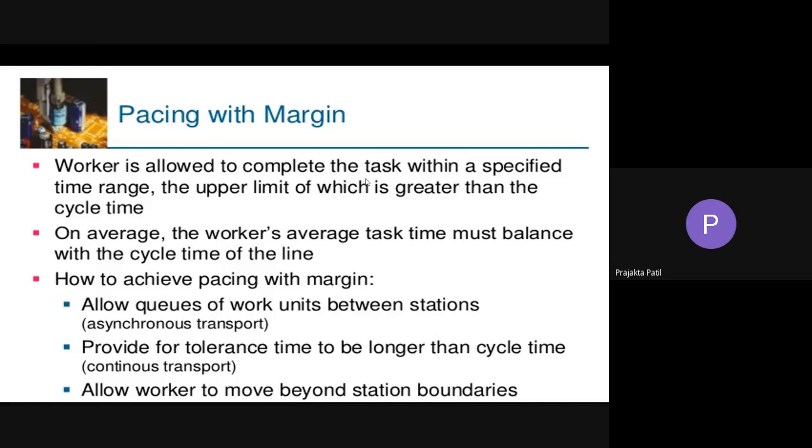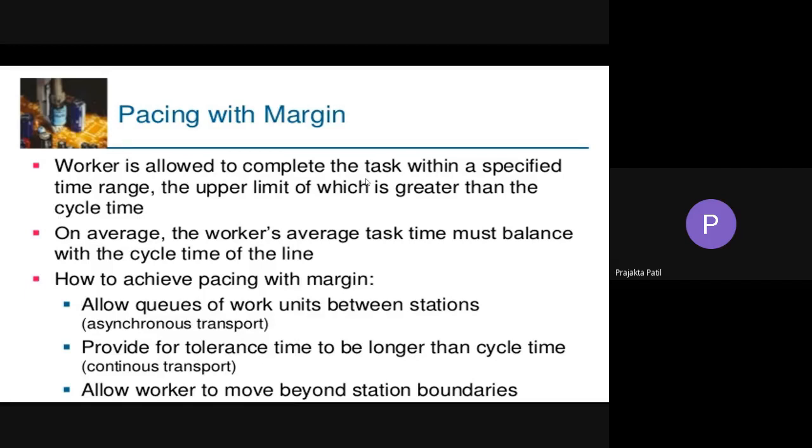So moving on to the second method. The second method provides for the time spent in the station to be longer than the cycle time. How can we achieve this? It is achieved by using continuous moving conveyors, because the conveyors that we use here move at a constant speed.